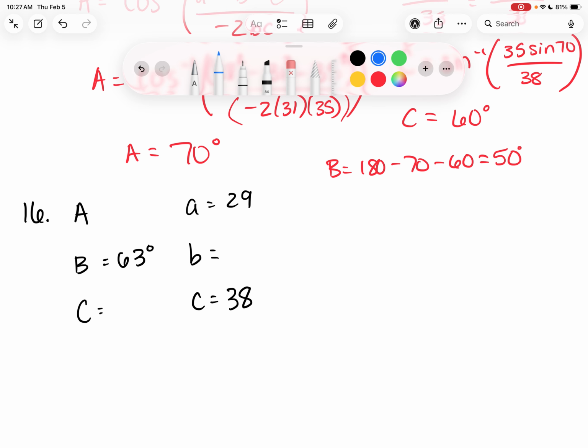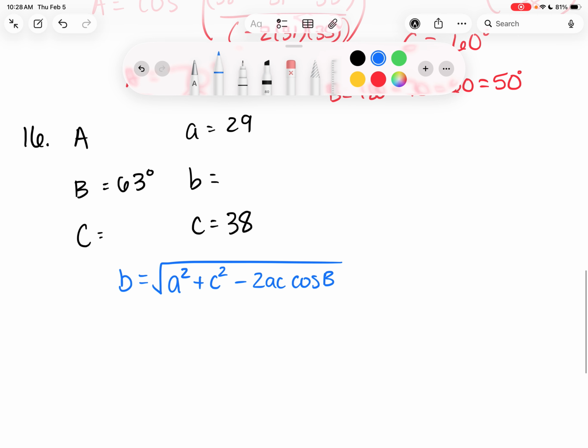So we have B is the square root. I usually go ahead and just go straight to this method here of A squared plus, or sorry, C squared. We're solving for B. Plus C squared minus 2AC cosine B. So technically the formula is B squared is equal to all the stuff without the radical, but I go ahead and get it by itself.